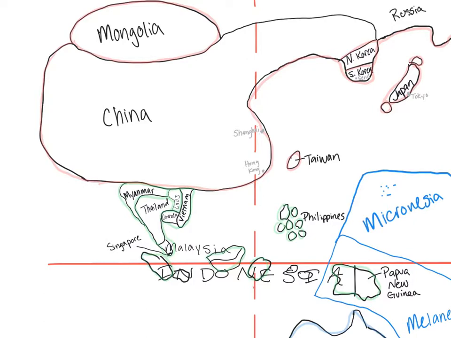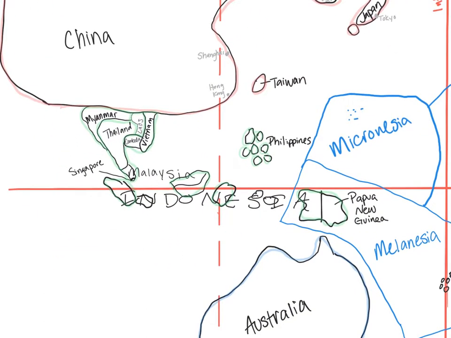All right, let's do Southeast Asia. In Southeast Asia, we have Bangkok, that is in Thailand. You've probably heard of that before. Bangkok. We have in the Philippines, we have Manila, the capital, is that right? Yeah, that's how you spell it, Manila.